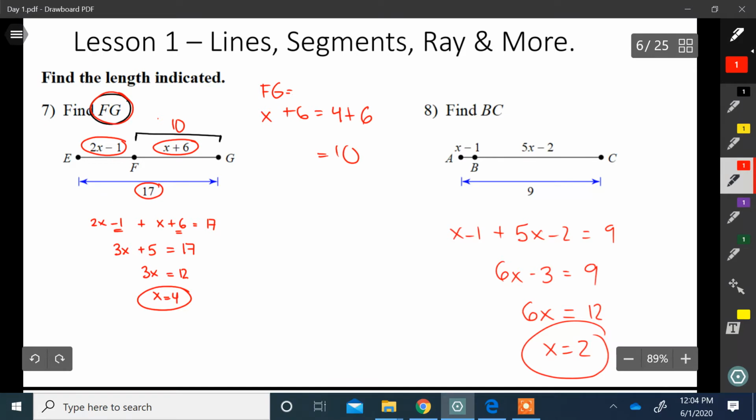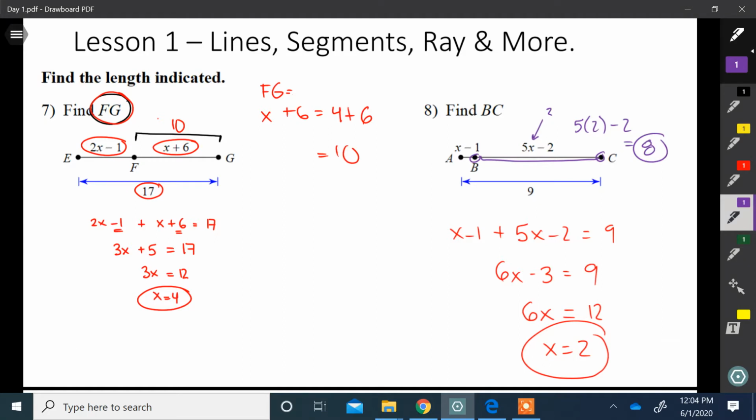Of course, like I said, guys, that's not what we're looking for. We're looking for this segment from B all the way to C. So we plug in 2 there. We get 5 times 2 minus 2, which is 8. And that is your final answer.